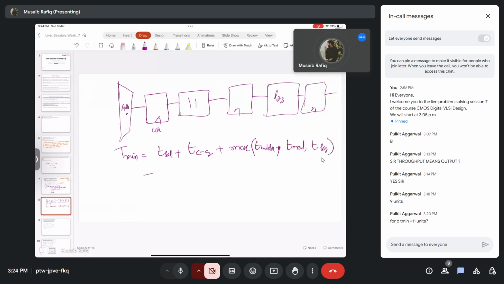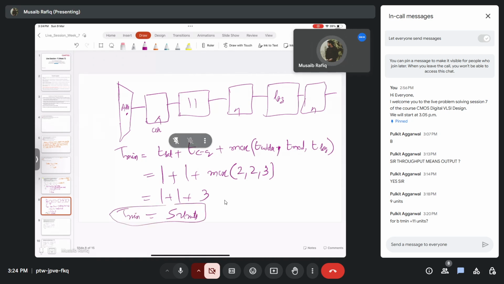T setup is 1, T clock to Q is 1, and max of T adder which is 2, T mod which is 2, and T log which is 3. So that is 1 plus 1 plus max of 2, 2 and 3, which is 3. So it will take 5 units. So 5 units will be the T min of this, and as a result, your throughput is increased.